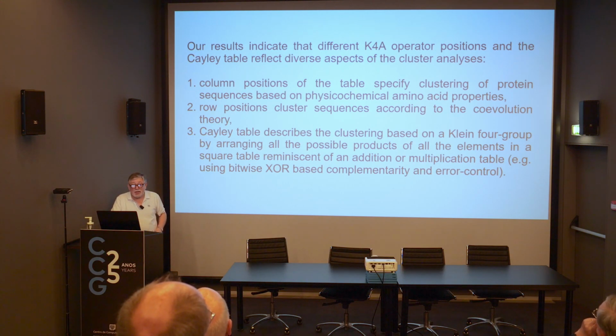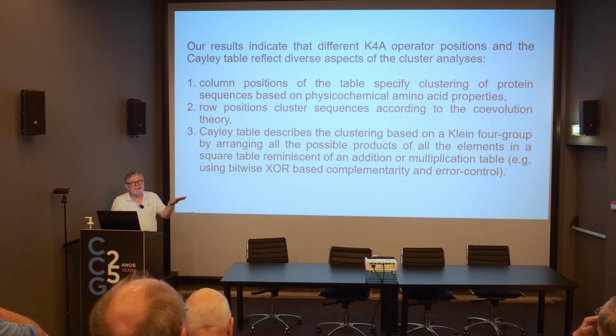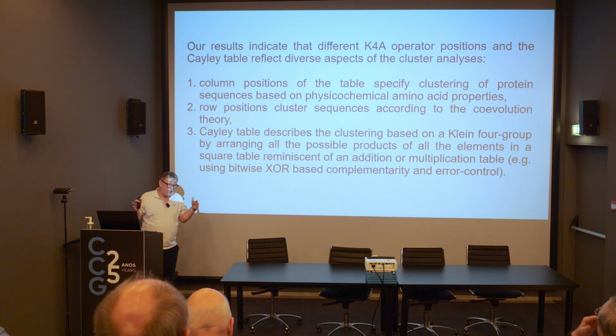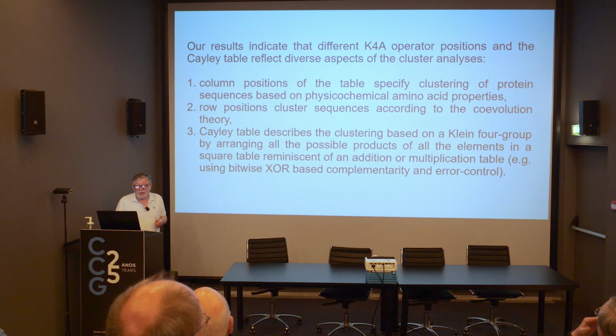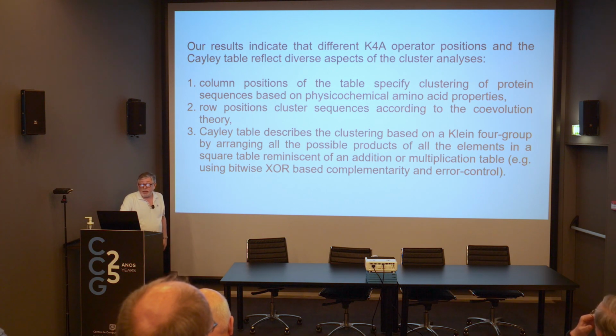So the results indicate that different operator positions based on group theory permutations, and not any ideology, as well as measurements and group testings in the Cayley table and its rows or columns, indicate diverse aspects of the cluster analysis.